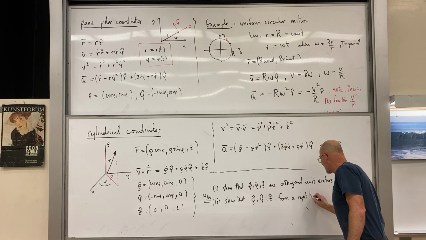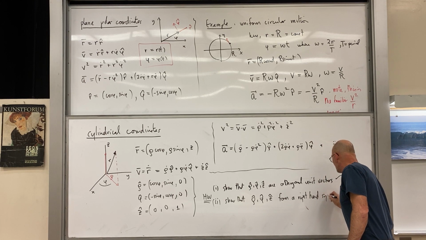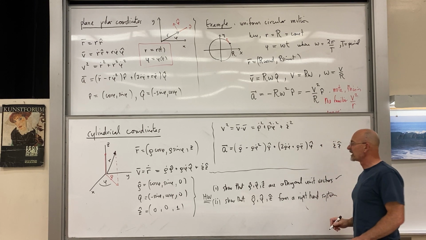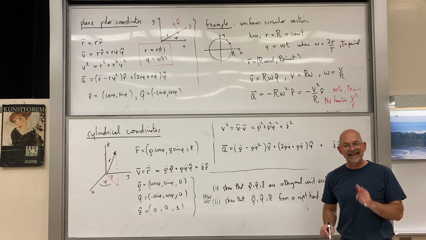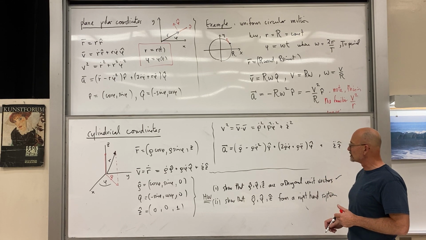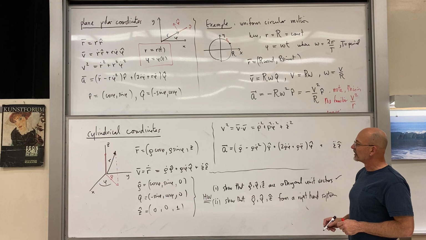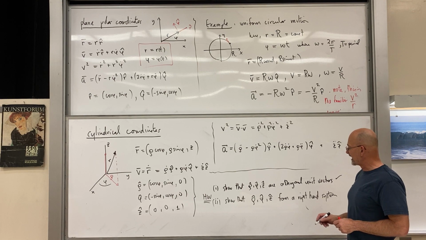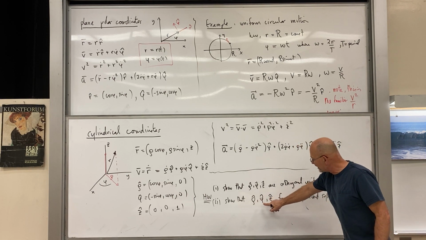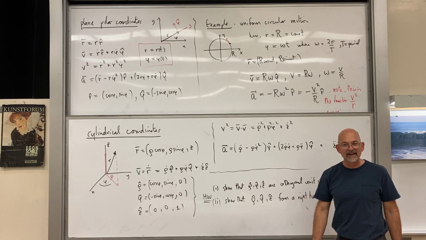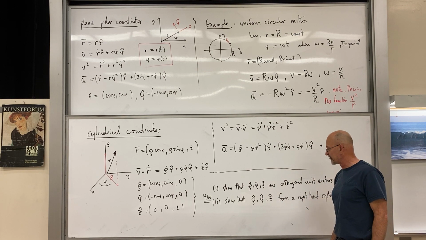Now we talked about this with i hat, j hat, and k hat when we were doing Cartesian coordinates. Okay. So here we want rho hat cross phi hat equal to z hat and cyclic.